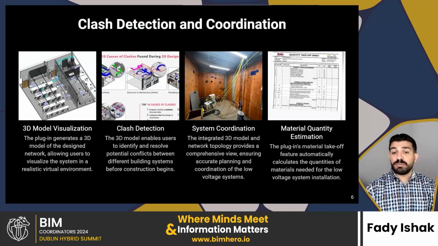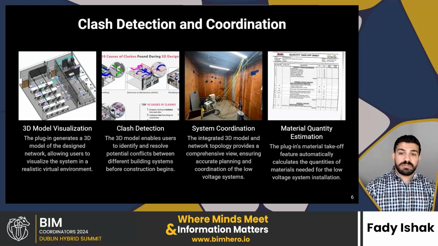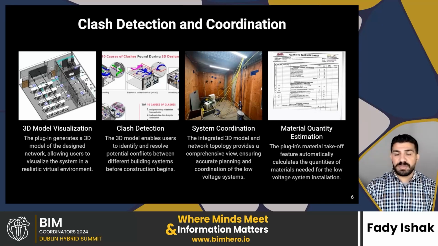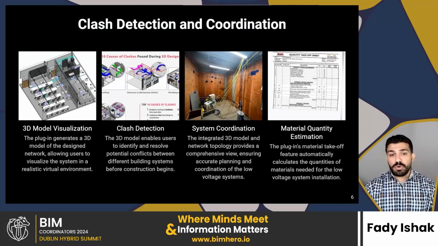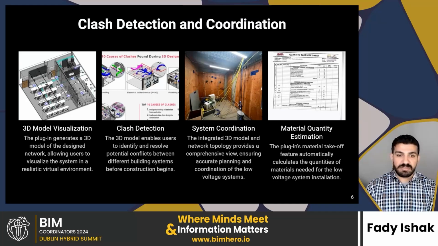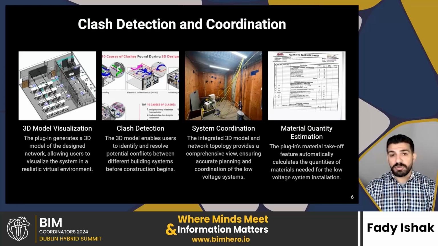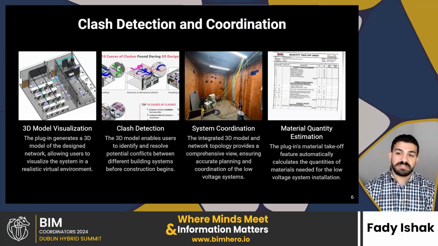That allows for a complete system coordination where you don't have to deal with network lines like the ones you see in the picture here, but rather have organized and planned cable trays and routes for your data systems, while you know exactly where each device is located and which port on which switch it's connected to.